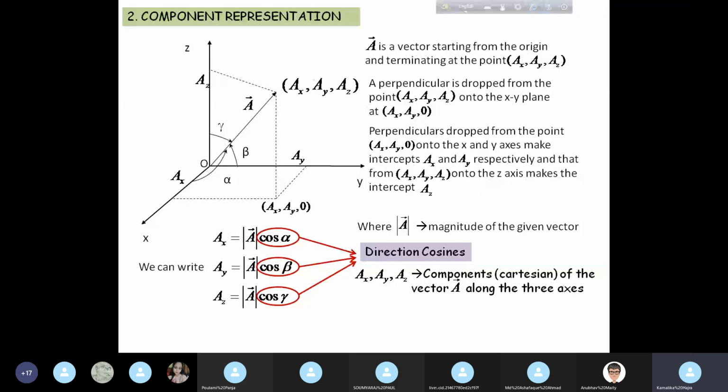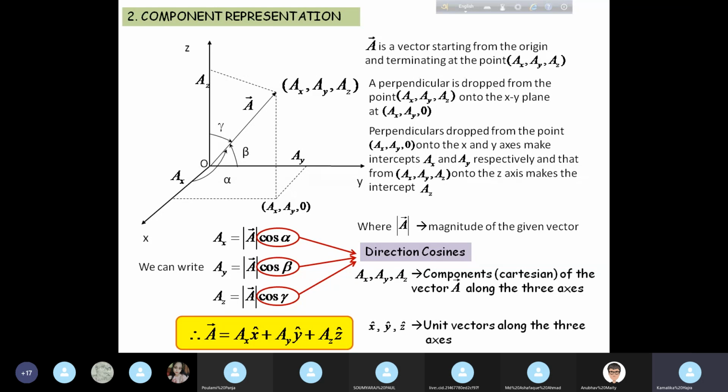Okay, and we can write vector A equal to ax x cap plus ay y cap plus az z cap, where x cap, y cap, and z cap are the unit vectors along the three axes. Okay, so this is how we can represent a vector in the component form. So we saw how we represent a vector in the geometrical form, and now we saw how we can represent a vector in the component form. Okay.